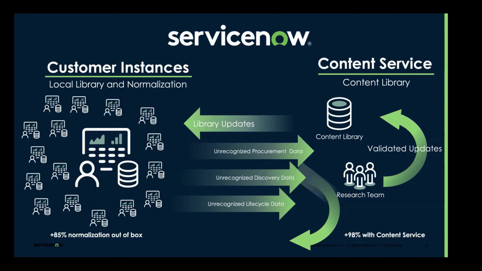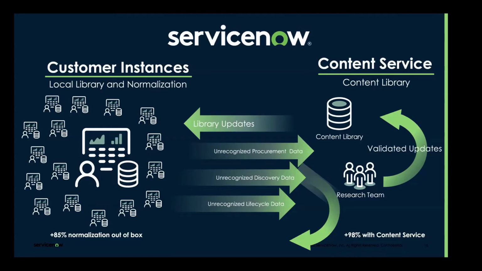Maybe it had a manufacturer name and a vendor SKU number, not the actual model number, but a part number the vendor, say CDW, puts in, which is not the actual manufacturer part number. Well, we don't normalize against SKU numbers. We use the actual part numbers. So any unrecognized model information gets anonymously sent to our content team, and they build a file that contains all this anonymous data, and that's what they use for the next content that they create.